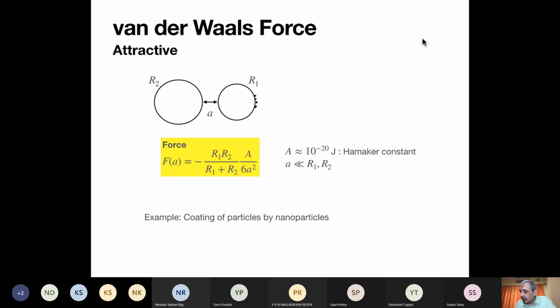Since these particles are so tiny, the van der Waals force is large compared to the mass of the particle, and hence they can just stick on the surface. So this is one type of cohesive force. But if you're looking at larger particles, then generally the van der Waals force can be neglected.